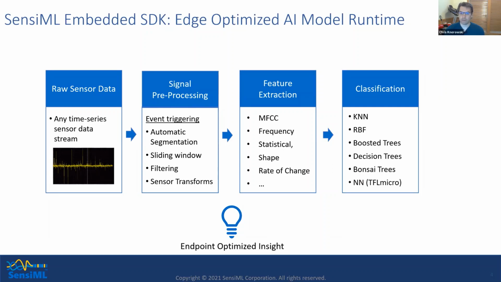So that's actually going to be the classifier that we're going to focus on in this talk: building a pipeline using all of these different tools within the Sensimal Toolkit, and then finally training a neural network model to use the feature output to recognize what's going on in this model.